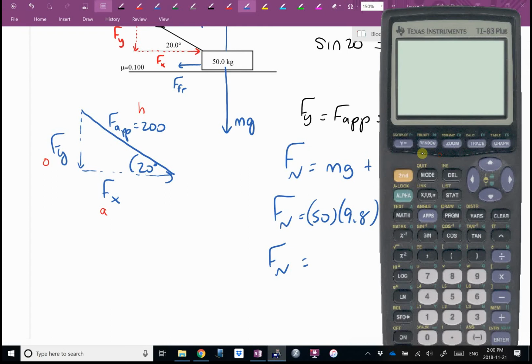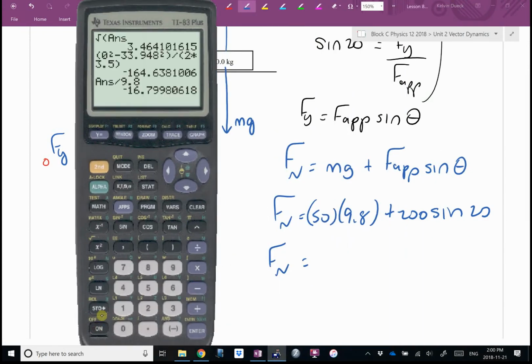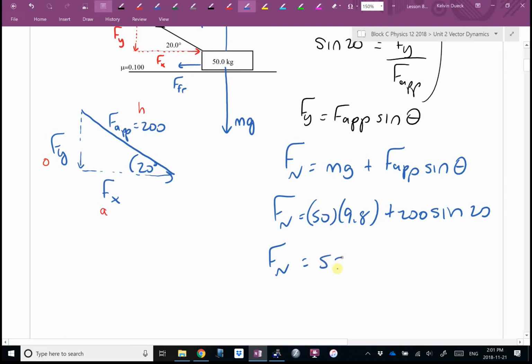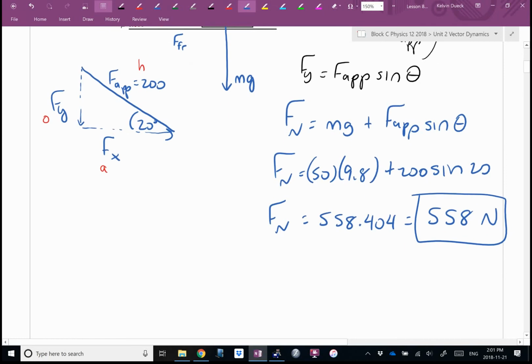Because I'm going to use this, I'm actually going to do this on my calculator because I'm going to want to carry the extra sig figs somewhere. So I'm going to write 558.404. And then I'll round off to 3 sig figs for my final answer, newtons. But I've got that just in case I need it. Good job, kiddo.